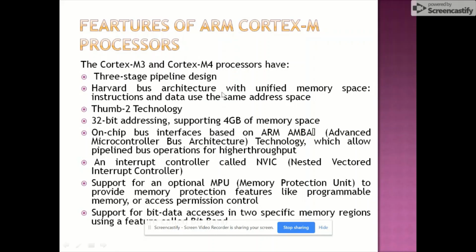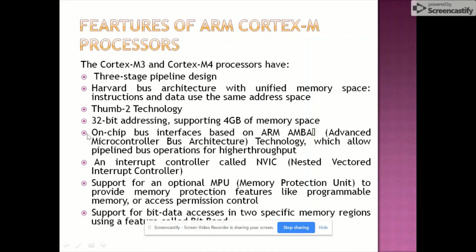The instruction set architecture in the Cortex M3 or M4 processor is called Thumb ISA, based on Thumb-2 technology, which supports a mixture of 16-bit and 32-bit instructions.